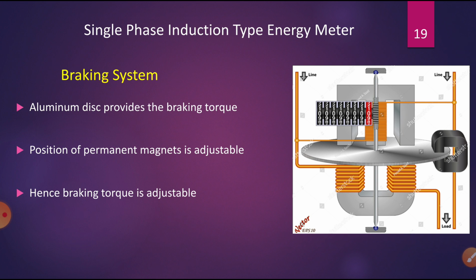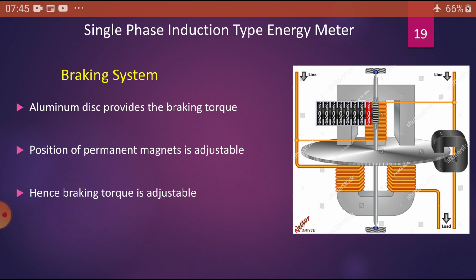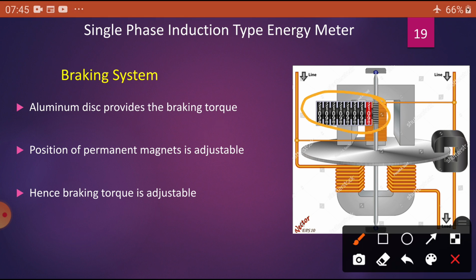Okay, so these are the braking systems in an induction energy meter. Now coming to the last stage, this is the registering system. Once it rotates, the disc also rotates, the spindle also rotates. On the spindle there is a pinion and it is connected to the registering system.